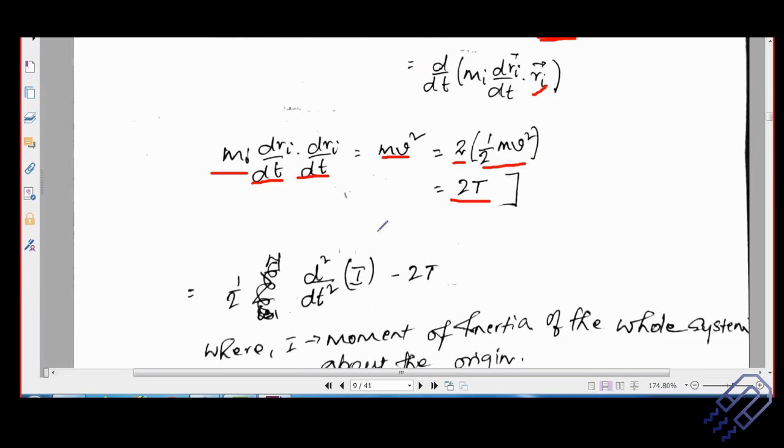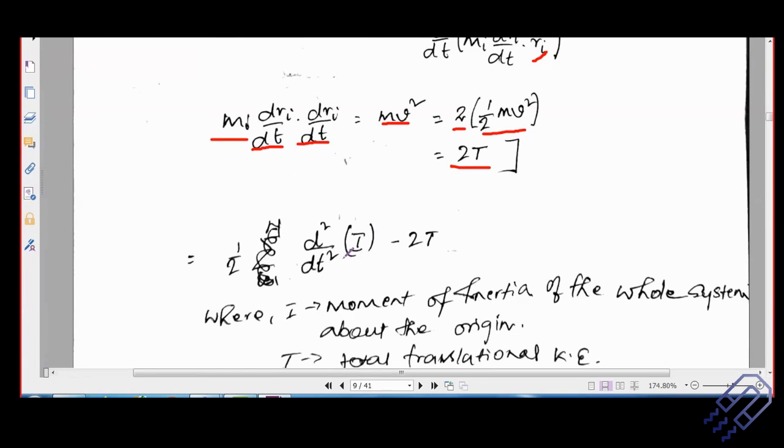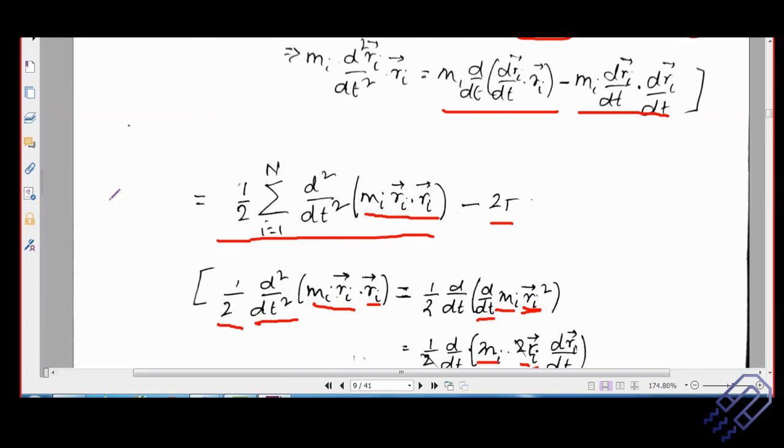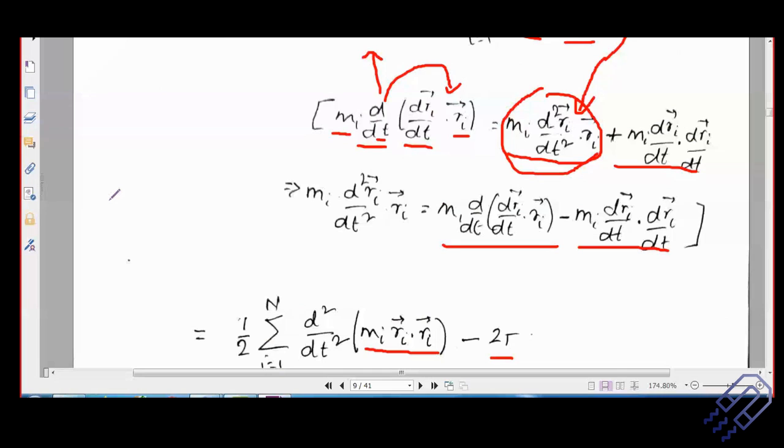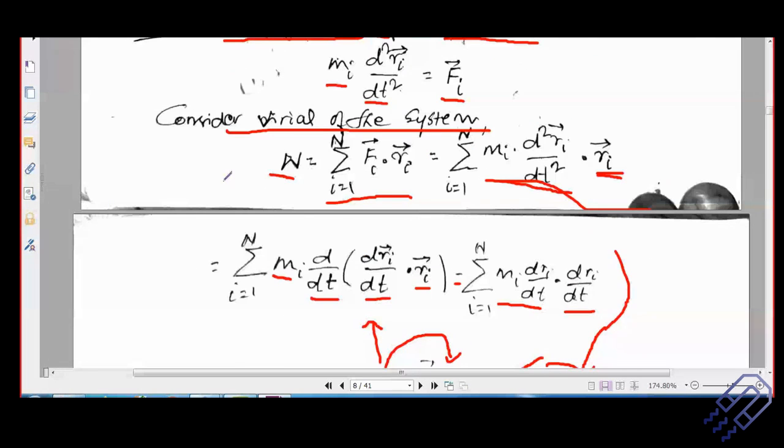So if you're finding the moment of inertia, you can simply write it down as d²/dt² of I minus 2T. So this is what we have observed till now. Don't get confused here. Let me give you one quick recap. We start from the virial theorem, sorry, from the virial of the expression, and virial is F_i dot r_i.